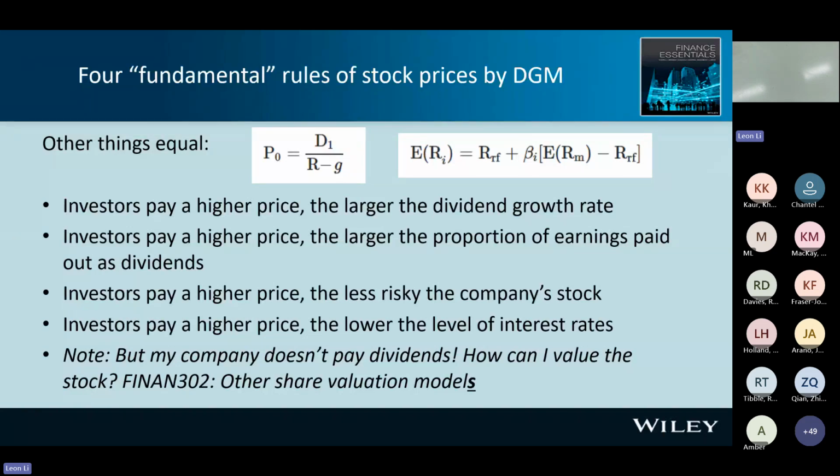Finally, I have one question for you. In our DGM model, we need dividend. But you know, in practice, some companies do not pay dividend, right? For example, the company is a growing company. They will keep money inside the company to do the reinvestment. So how can we value the stock, right?